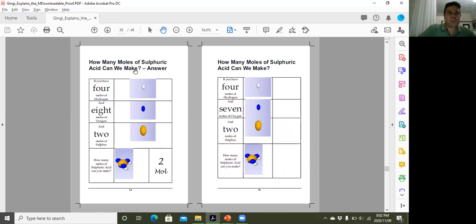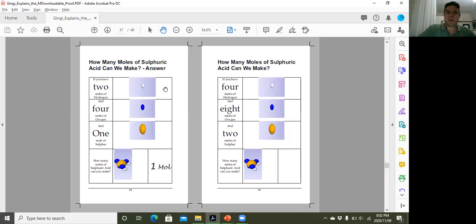So let's go back. You have 2 moles of hydrogen in 1 mole of sulphuric acid, 4 moles of oxygen in 1 mole of sulphuric acid, and 1 mole of sulfur in 1 mole of sulphuric acid.